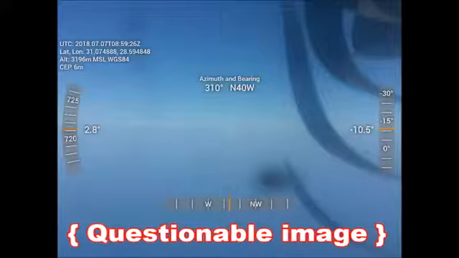And so if you're in a turn, even in a car, and you're pointing at the horizon, you will get a false reading. So that's something you should take care of when you're taking the pictures.